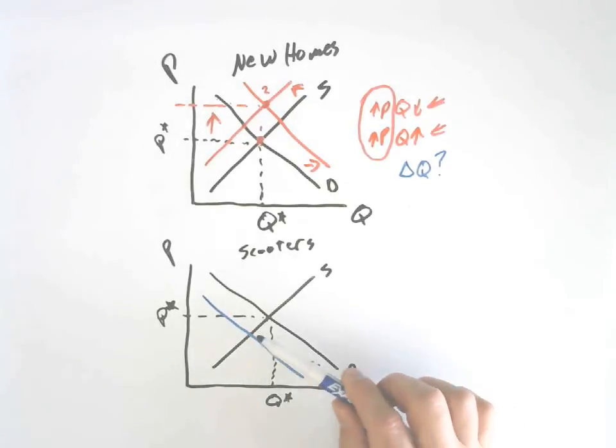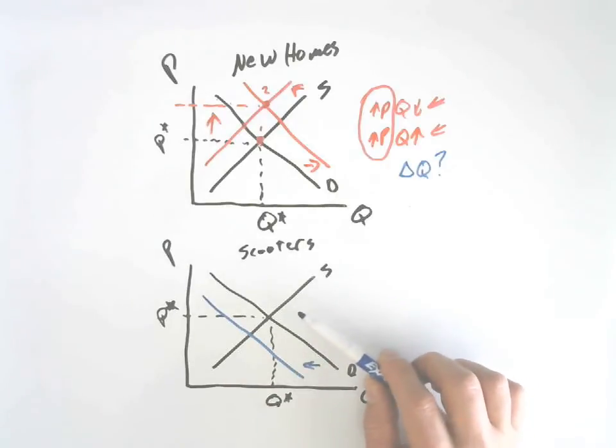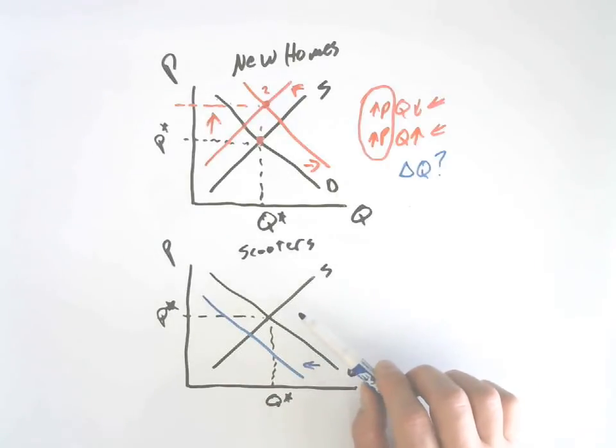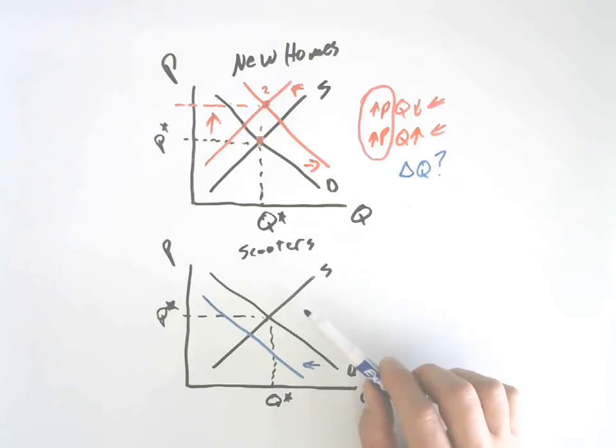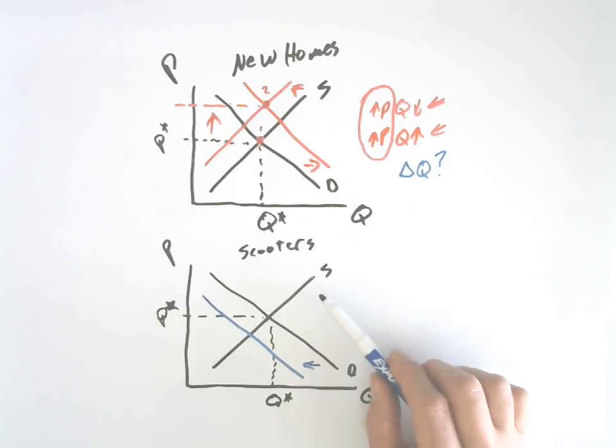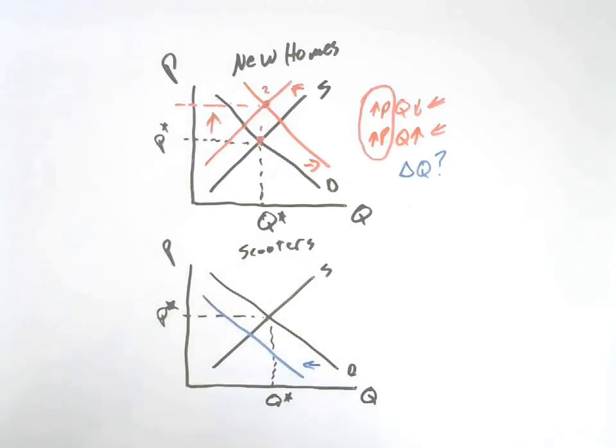Now let's assume at the same time that 4 million scooters by some manufacturer have been recalled and simply pulled off the market.